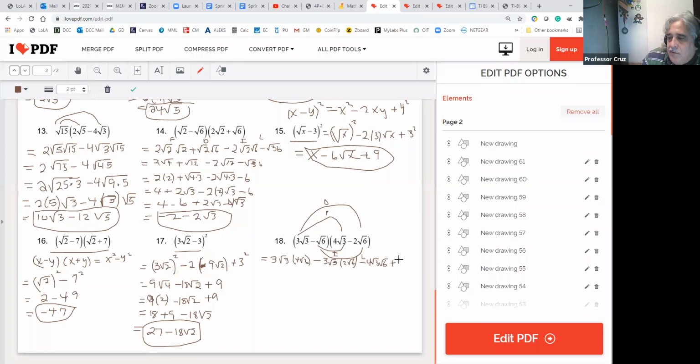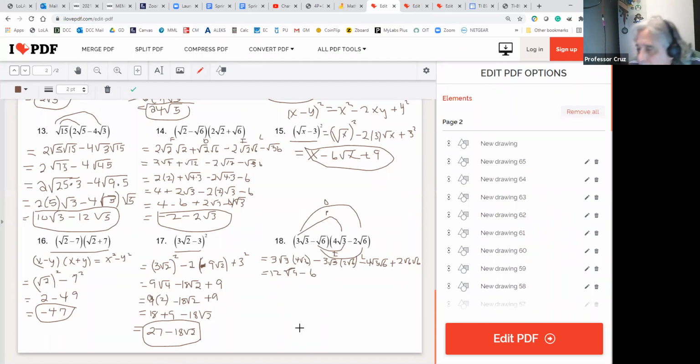Negative times positive. All right, so this is 3 times 4 is 12. Square root of 3 times square root of 3 is square root of 9, which is going to be 3. So this is 3 times 2, which is 6, and it's negative.